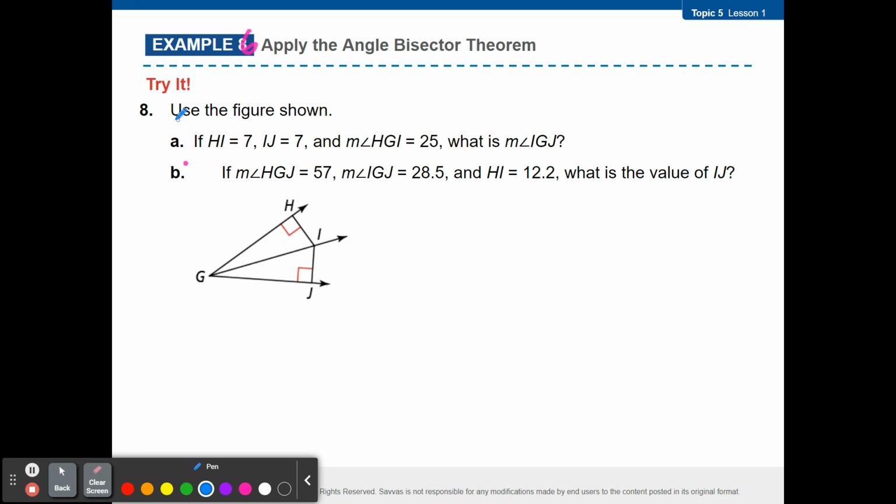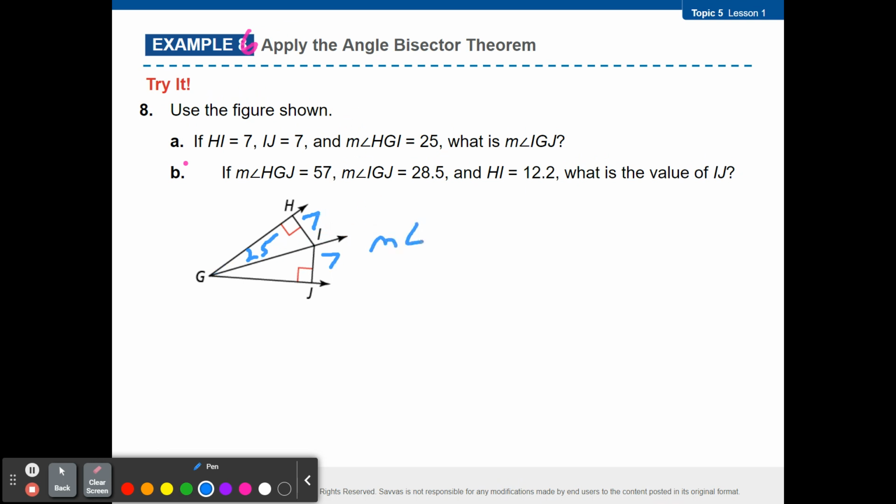If HI equals 7 and IJ equals 7, and the measure of HGI is 25, what is the measure of IGJ? That should be pretty easy because if you look at it, HI and JI are equal to each other. So that means that I is landing on this bisector.